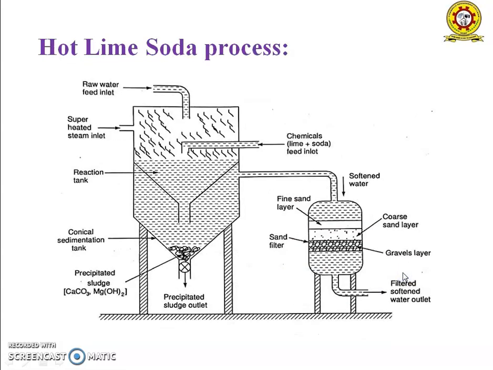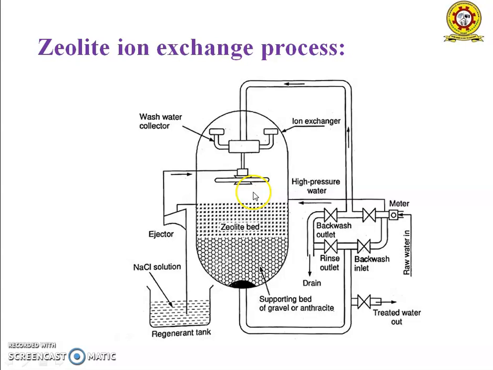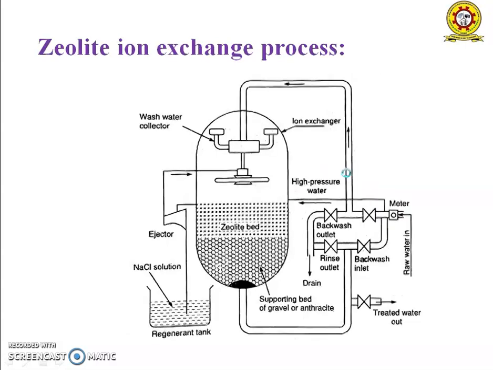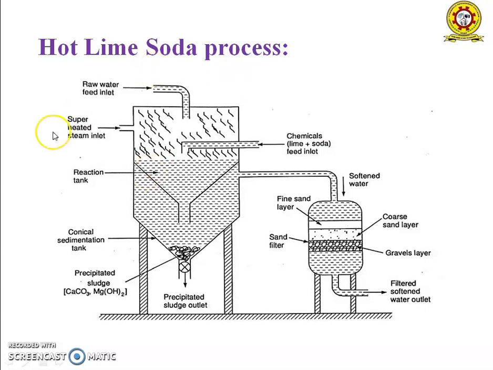And the next one is the hot soda lime process. In this process, raw water from the feed inlet enters here and superheated steam is also added here. The raw water combines with the superheated steam in the conical sedimentation tank.